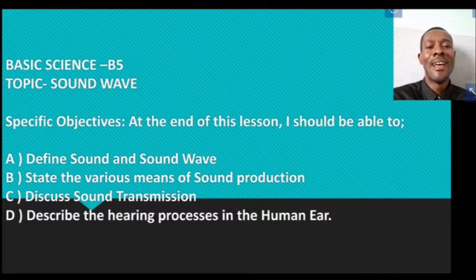Sound wave. As I'm talking to you, you are hearing me by the principle of the transmission of sound waves. And it is being produced from my vocal cords.